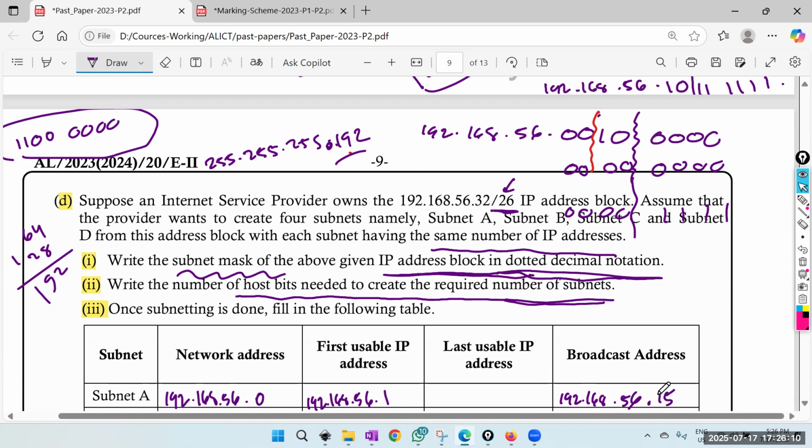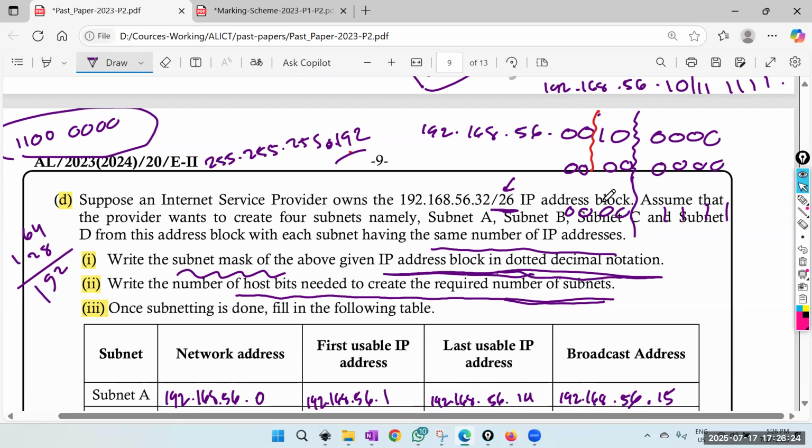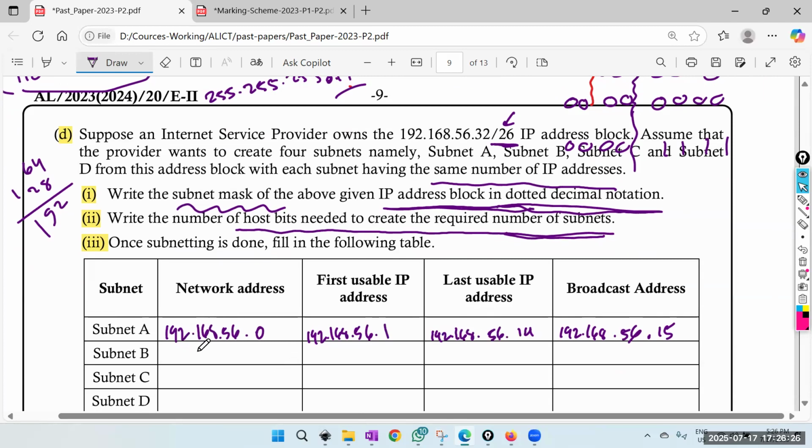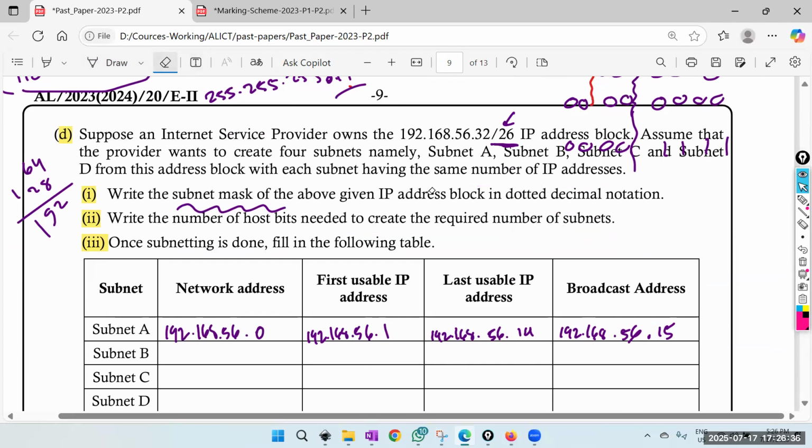Last usable address will be 14, that is 1110, 192.168.56.14. Right. So I took the 0, 0 pattern. Now I will take 0, 1. Of course, this can be assigned to A or B or C or D, it doesn't matter.